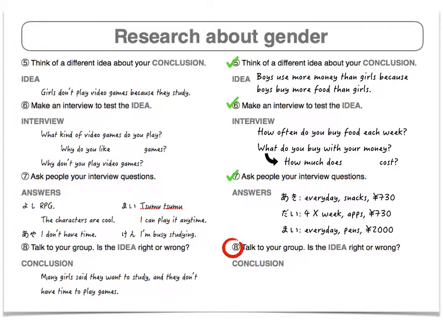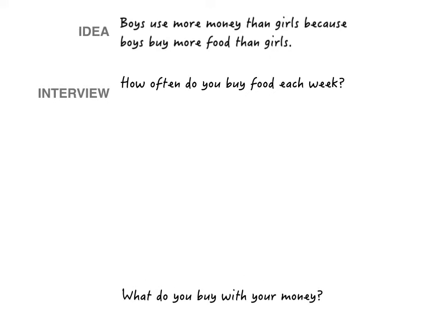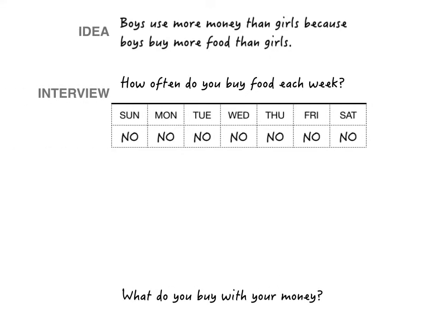In this example, the first question was, how often do you buy food each week? The second question was, what do you buy with your money? These are different kinds of questions. The first question has a set number of answers.